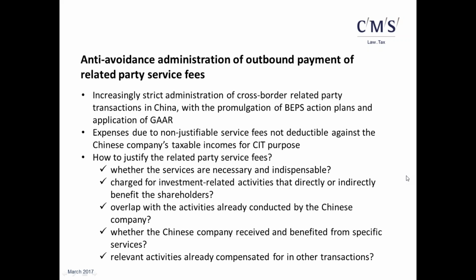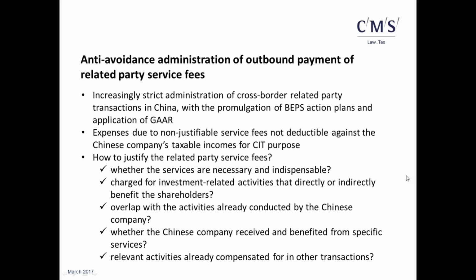And the third point is whether the service activities already overlap with other activities already conducted by the Chinese companies themselves. For example, the PRC subsidiaries need to engage some consulting advisors to help with a bidding process, and they have already engaged a third party to help with the bidding advisory.